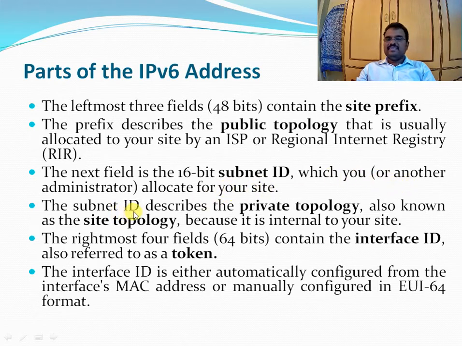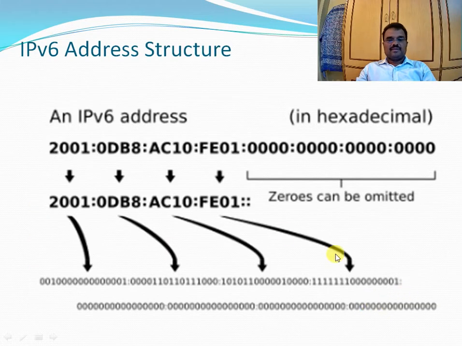The subnet ID describes the private topology, also known as the site topology, because it is internal to the site. The rightmost four fields, nothing but 64 bits, contain the interface ID, also referred to as a token. The interface ID is either automatically configured from the interface's MAC address, media access control address, or manually configured in EUI-64 format.